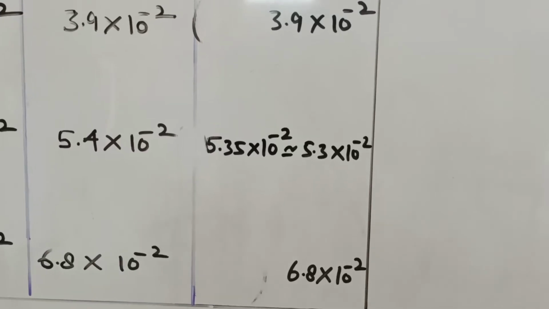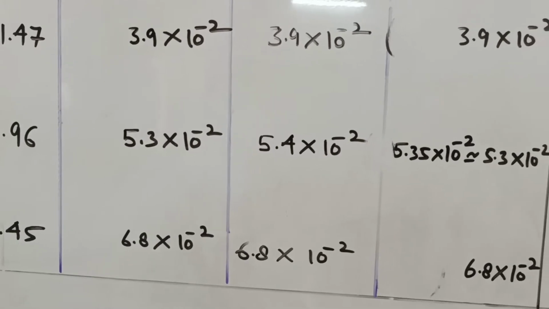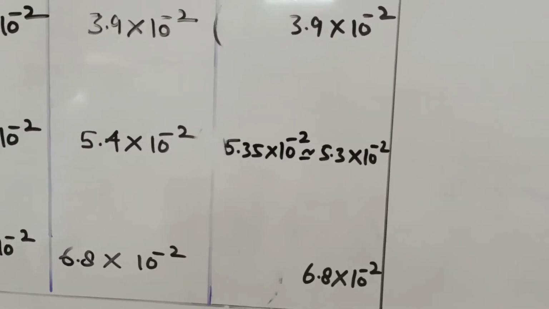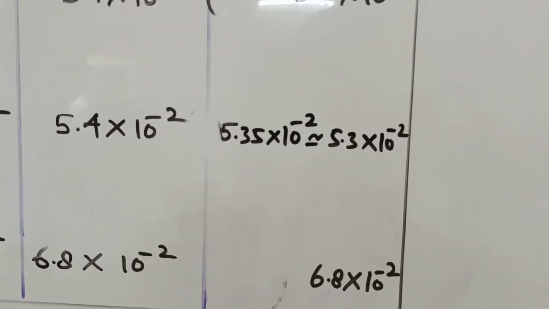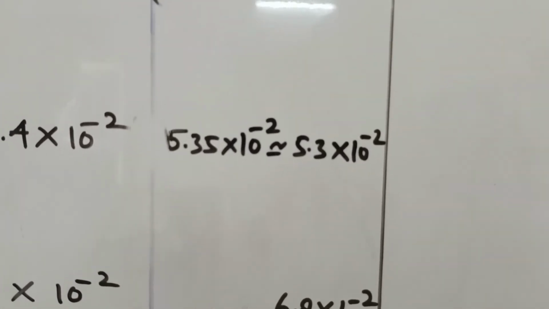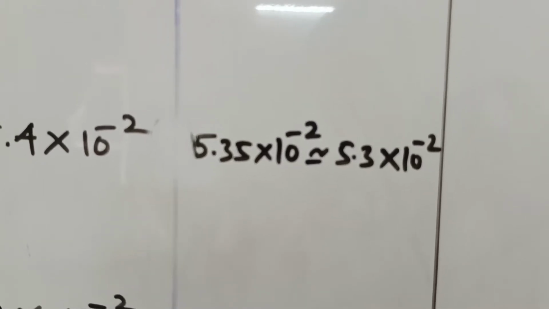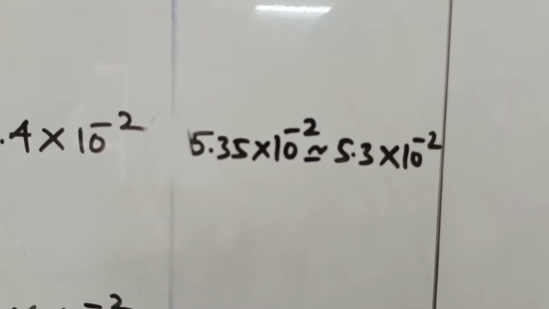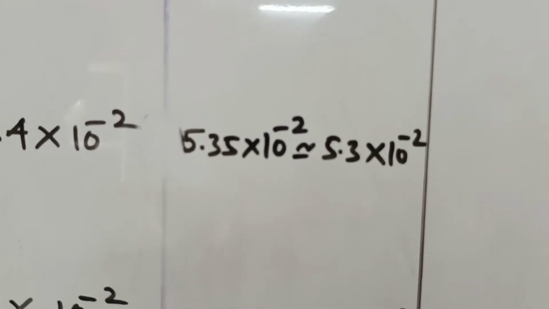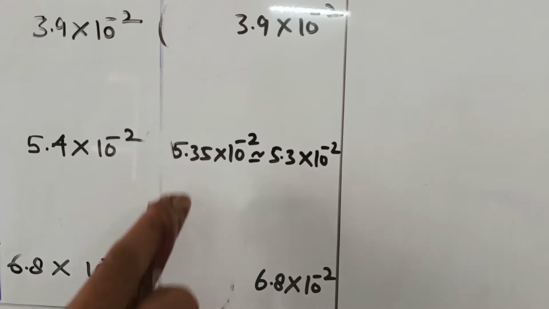Now here also see that the mean of 5.3 and 5.4 was 5.35, but the accuracy is limited to the first decimal place only, so it was rounded off. The digit 5 is there and the digit before 5 is 3, which is an odd number, so there will be no change in that. 5.3 will remain, so we will wipe out this also.